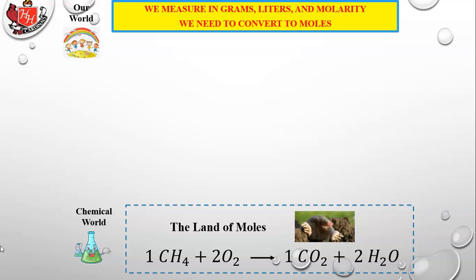It doesn't understand weight. It doesn't understand volume, which is how much space something takes up. It doesn't understand those things. It just counts particles. Unfortunately, we can't see an atom or molecule or weigh it. It's too small. And when we take a mole, which was designed to give us a big enough bundle of atoms and molecules that we could actually see them and weigh them, we can't count them.